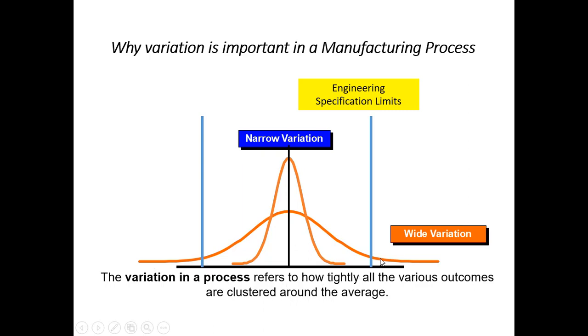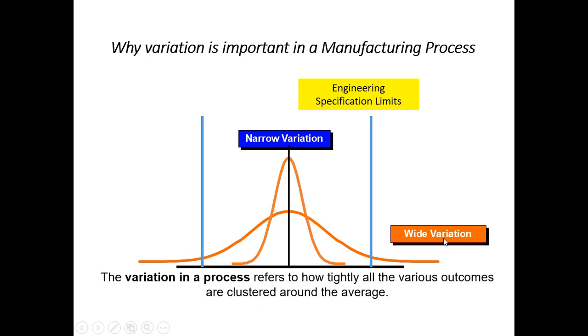You can see that this area in here would represent defects, both over here and over here, and that leads to a waste of time and money. What the engineers would like to do is to improve the process so that your output looks more like over here. That's all a matter of reducing the variation.